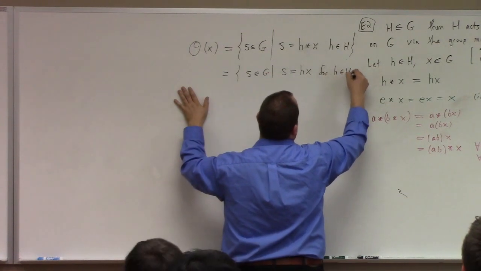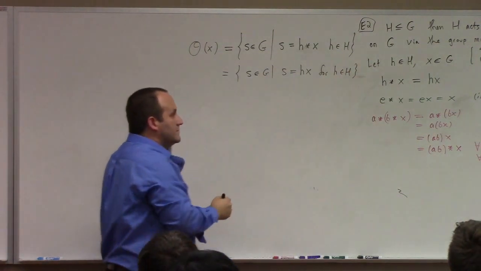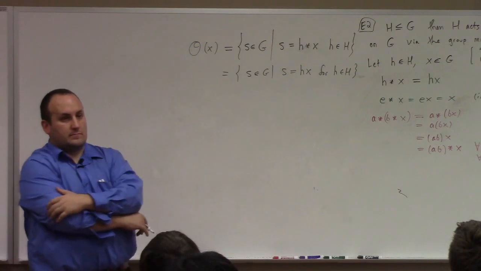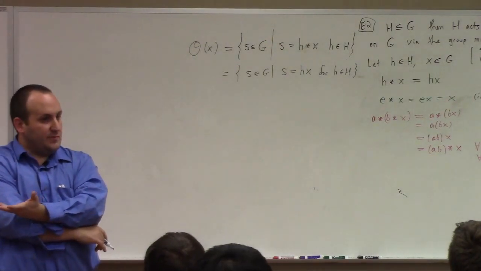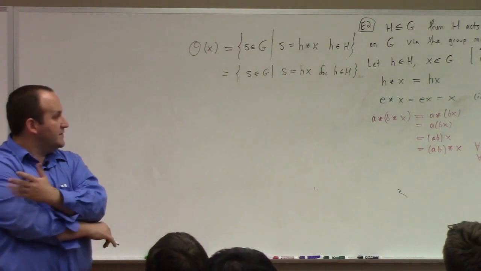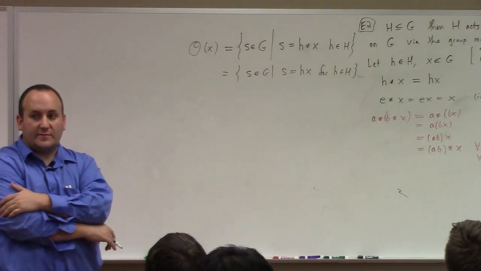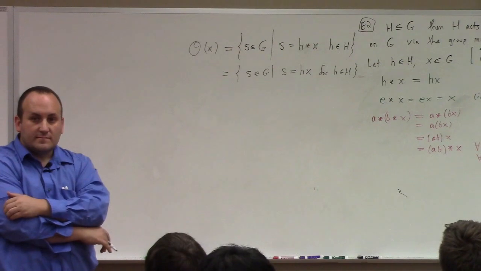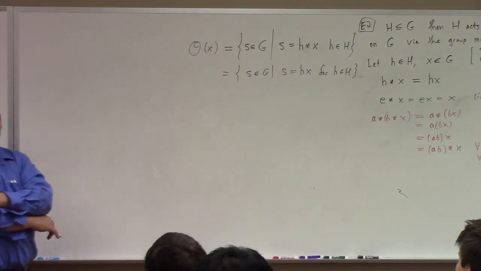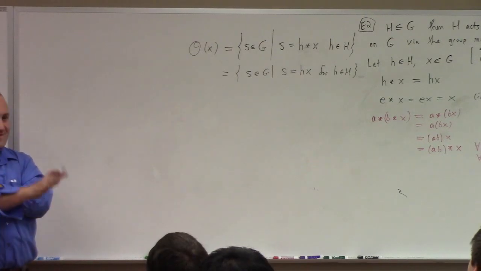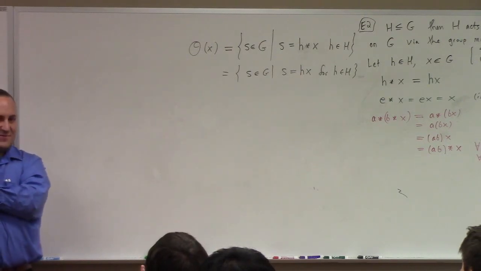Do you guys remember what this is? It's things in the group of the form H times X, where H is from a subgroup. What's this? Left coset. Votes for left coset. Votes for right coset.